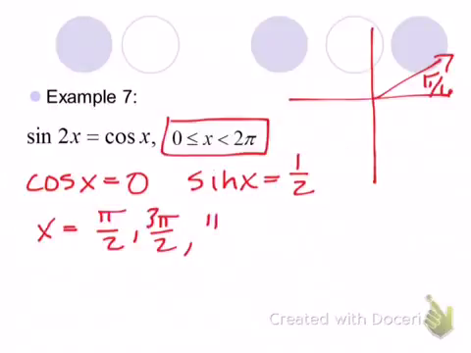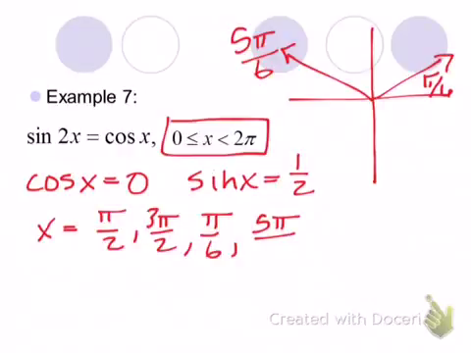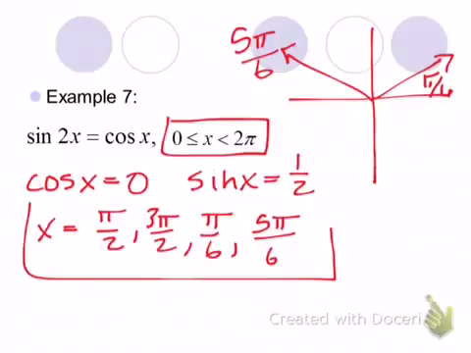There's another answer: it's also 5 pi over 6 in the second quadrant. So our four solutions to this equation are pi over 2, 3 pi over 2, pi over 6, and 5 pi over 6.